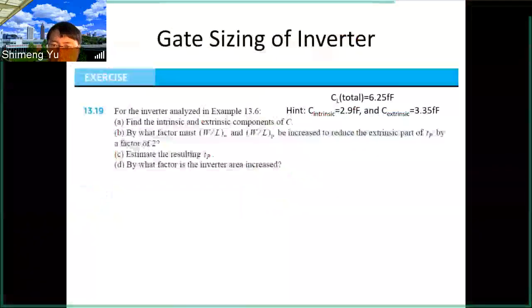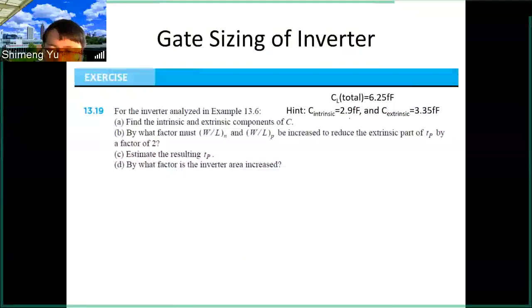So that is the delay, Tp, 28 picosecond. Now if we want to reduce the extrinsic part by a factor of 2, that means S equals 2. So we need to increase the W over Ln and W over Lp of the first inverter by this factor of 2. But the question is, what is the new Tp?